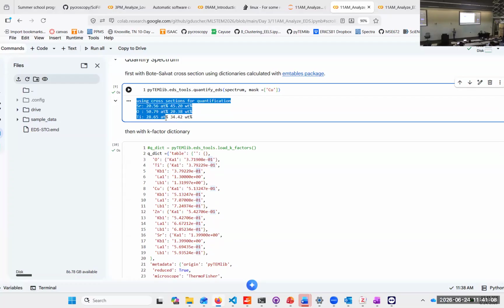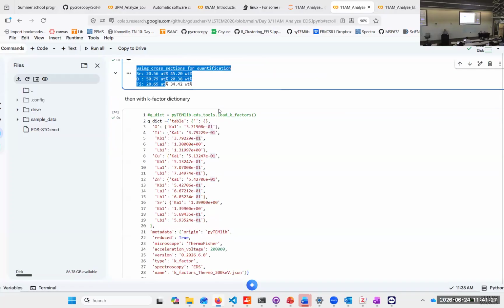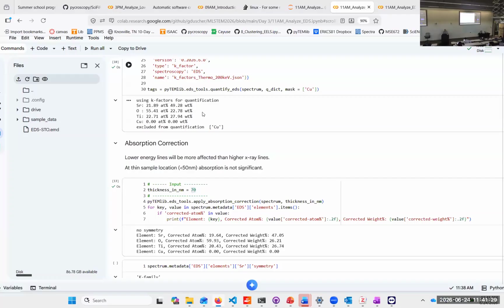If it does not find the quantification dictionary, the program automatically falls back to the EM tables k-vectors, and that, as I said, are as good as it gets, doing it all from scratch. So try this one here, the next one.